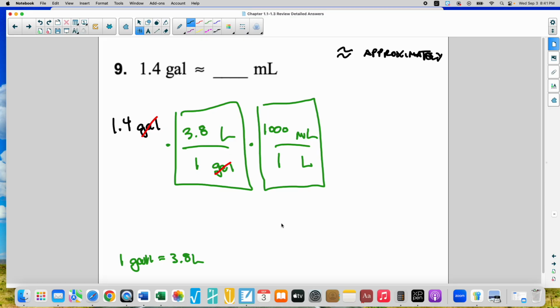Remember, I have 1.4 times 3.8 and times 1,000. Each zero is going to move that decimal point. So I'm going to move this 1, which gets rid of one of the zeros. I'm going to move that 1, which gets rid of the 0. I'm going to move that 1 extra.